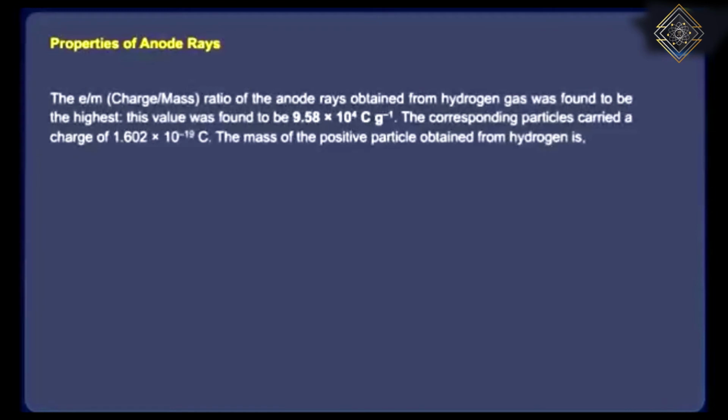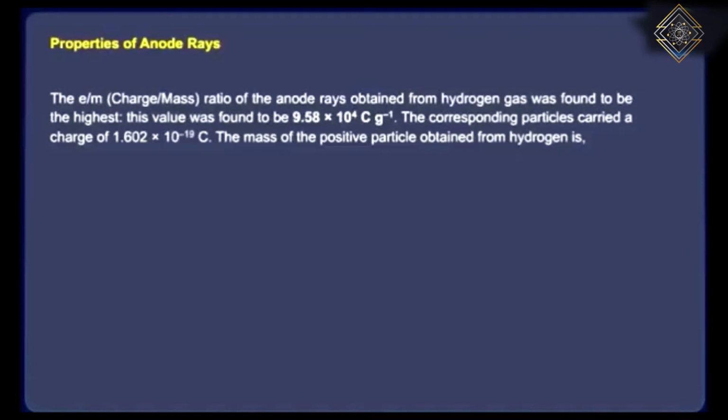The e/m, charge upon mass, ratio of the anode rays obtained from hydrogen gas was found to be the highest. This value was found to be 9.58 into 10 raised to the power 4 coulomb per gram. The corresponding particles carried a charge of 1.602 into 10 raised to the power minus 19 coulombs.